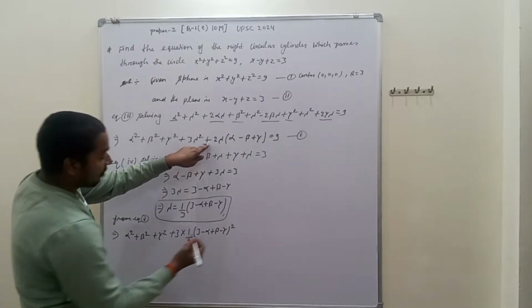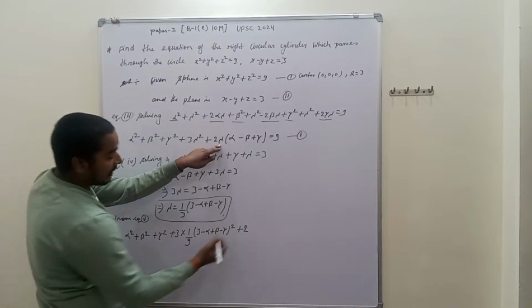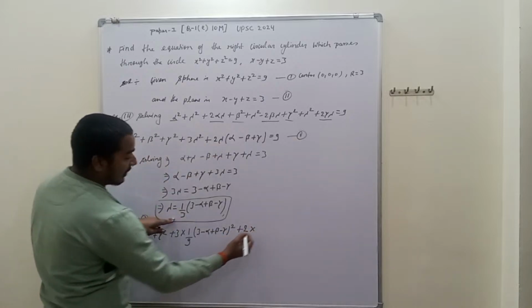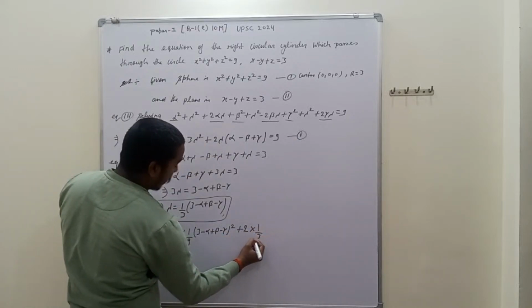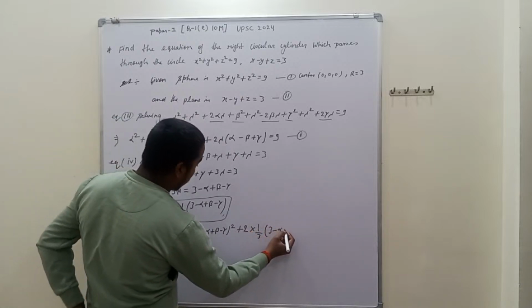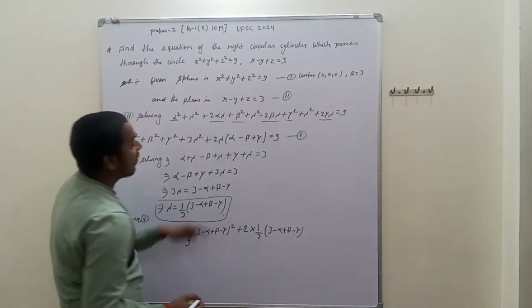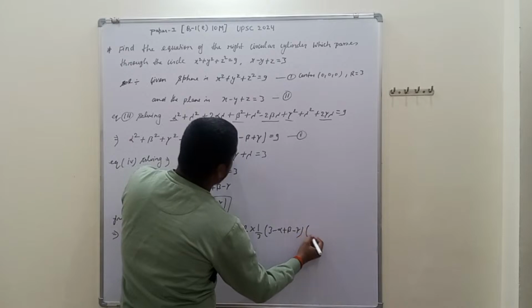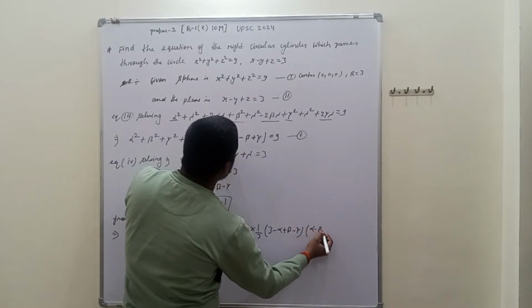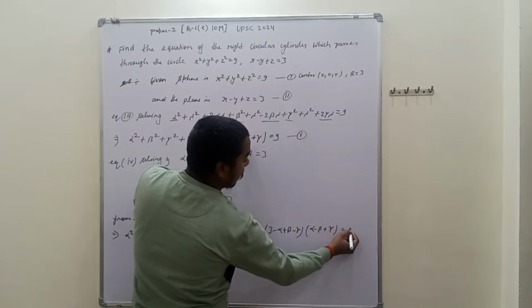Further we have to put plus 2, and again put the value of lambda here, that is 1 by 3 into bracket 3 minus alpha plus beta minus gamma, and here is already present bracket alpha minus beta plus gamma, is equal to 9.